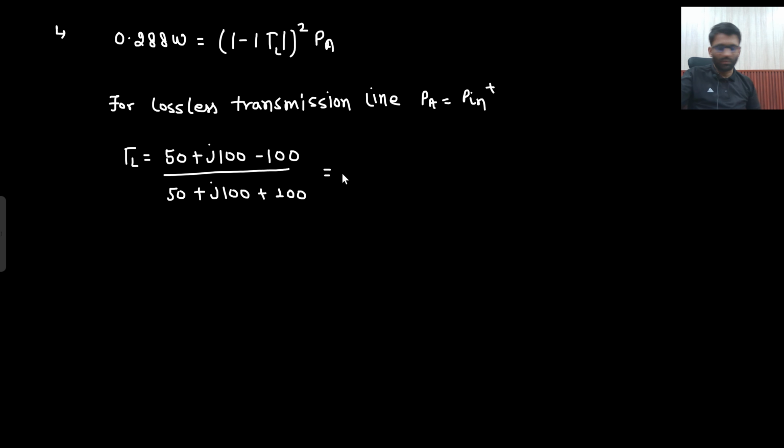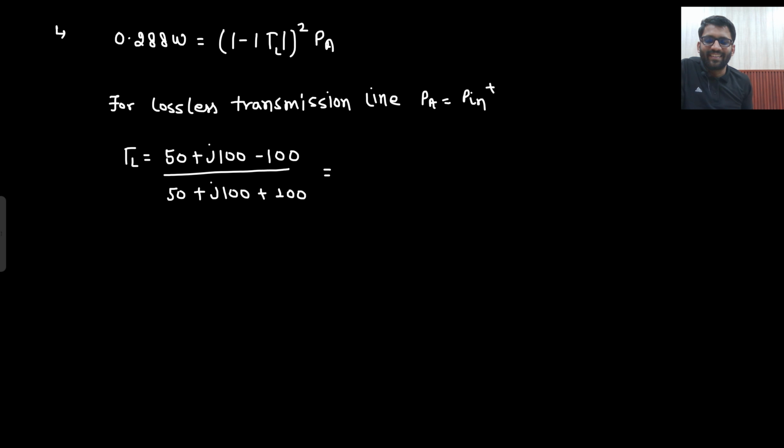So let's do this calculation. 50 square plus 100 square, and then take the square root. 111.80. This is actually the worst way of solving it.